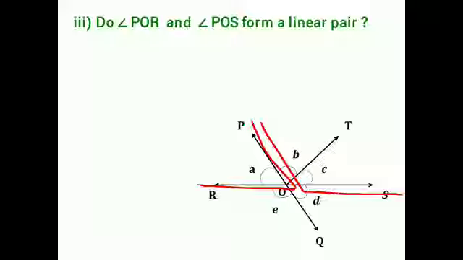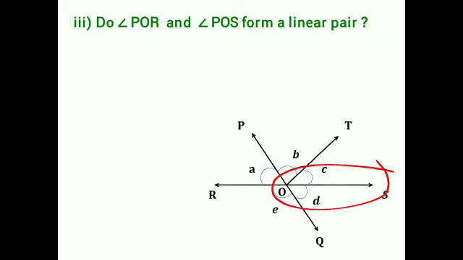So here answer is yes, because the sum of a linear pair is, first thing, 180 degrees, as well as the two adjacent angles are said to form a linear pair if their non-common arms are two opposite rays. So your non-common arms are OS and OR. So these two non-common arms are two opposite rays. So answer of this question is yes.